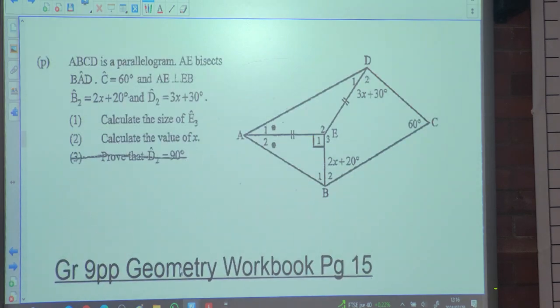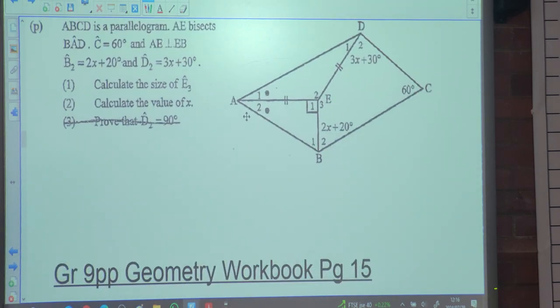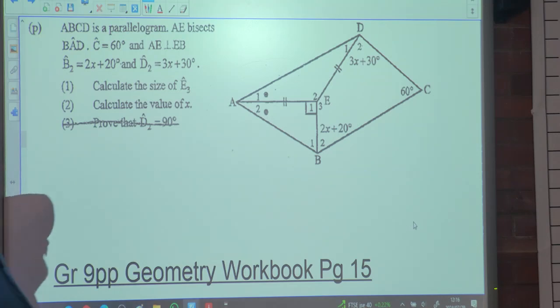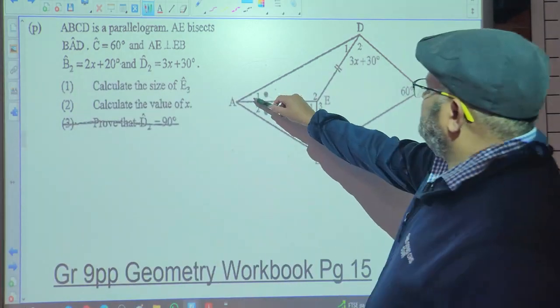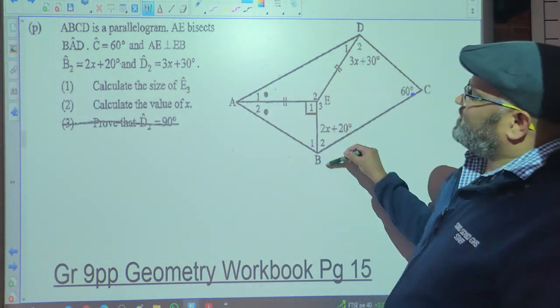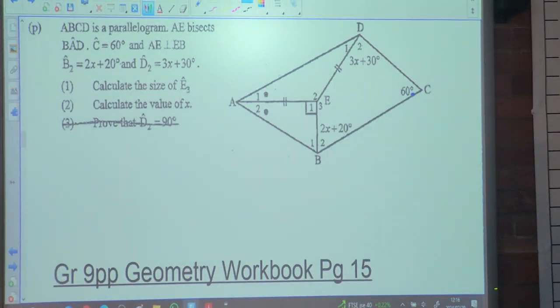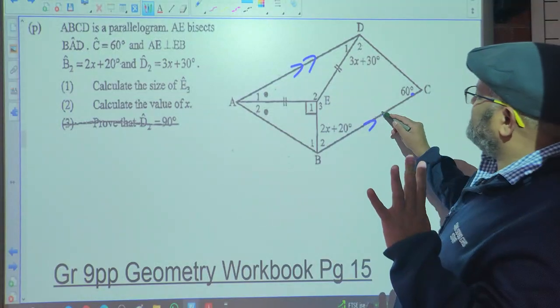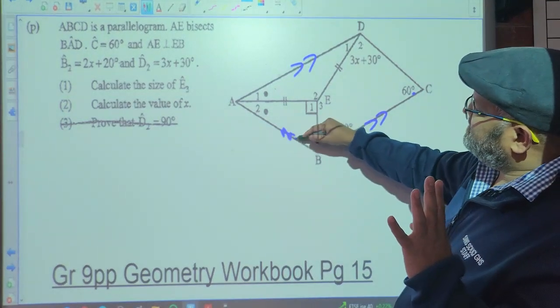Right. You are told that ABCD is a parallelogram. If ABCD is a parallelogram, what do we know? Four properties come to mind. Opposite sides are parallel.